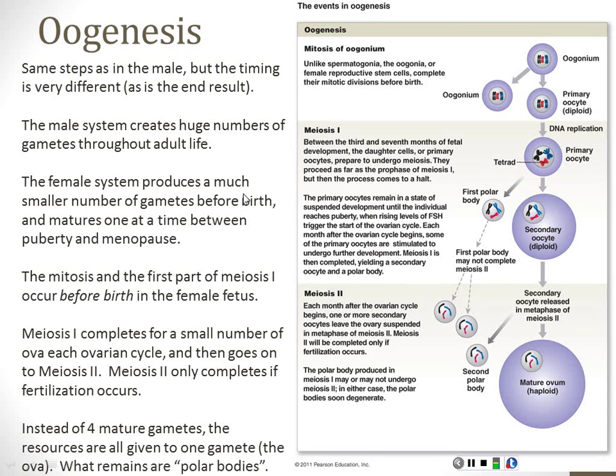And in the female, we have a much smaller number of gametes. And strangely enough, all of those gametes are essentially formed before the baby girl is born. So all the way down to about this level, all of this occurs before the baby is born. So it occurs during fetal development.